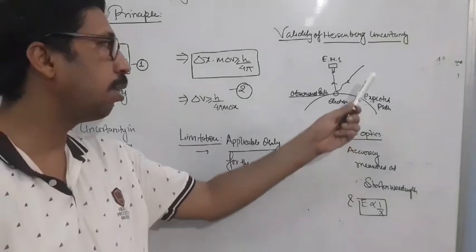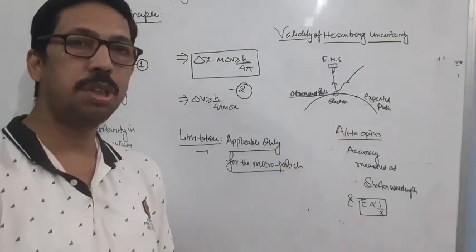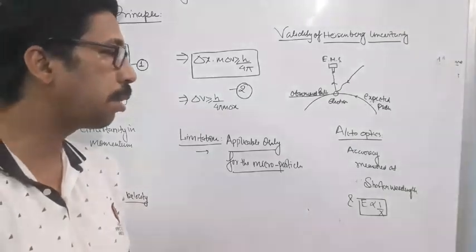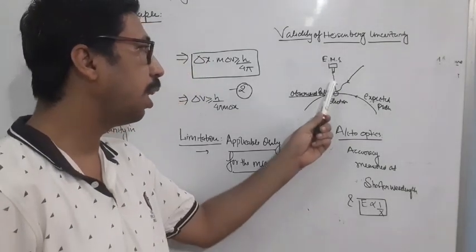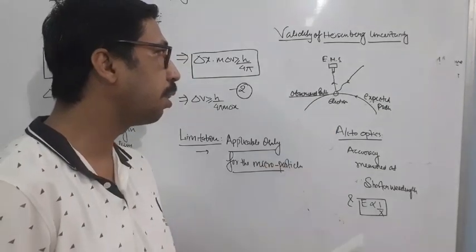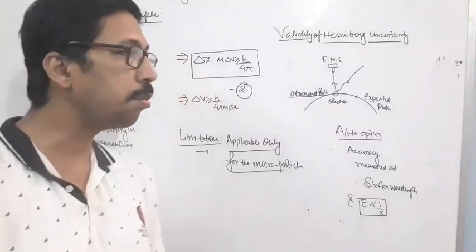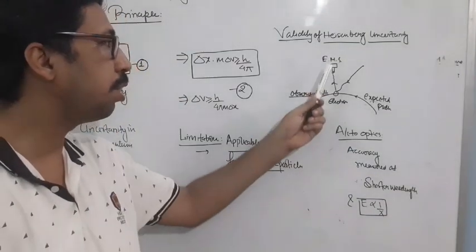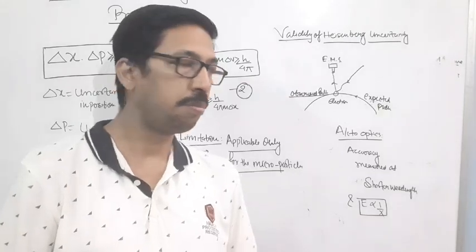First of all, the light radiation strikes the micro sized particle, for example electron, and it gets reflected back to the electron microscope, and we can see the exact position of the electron.